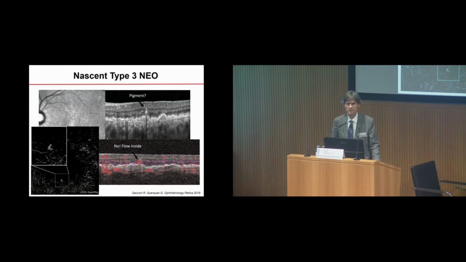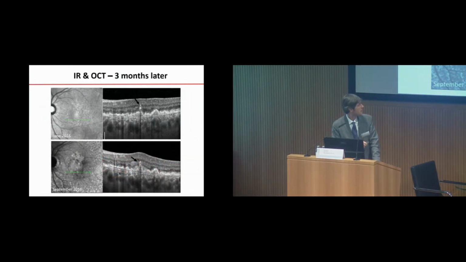So we can detect very early type 3 neovascularization before any exudation and signs of activity on structural OCT, but even on FA or ICG, by looking at these characteristics in the outer retina and particularly just beneath the deep capillary plexus.